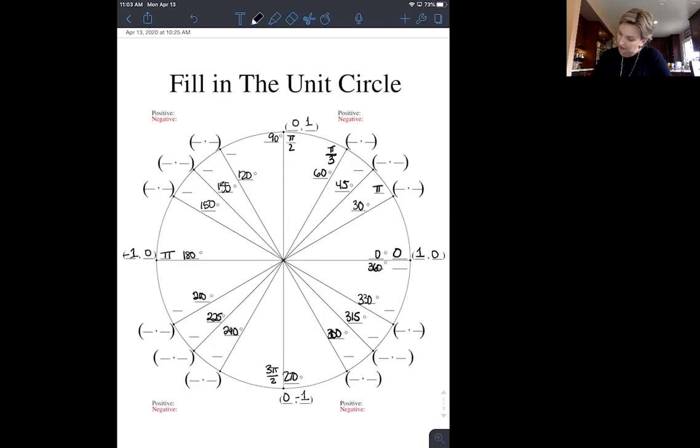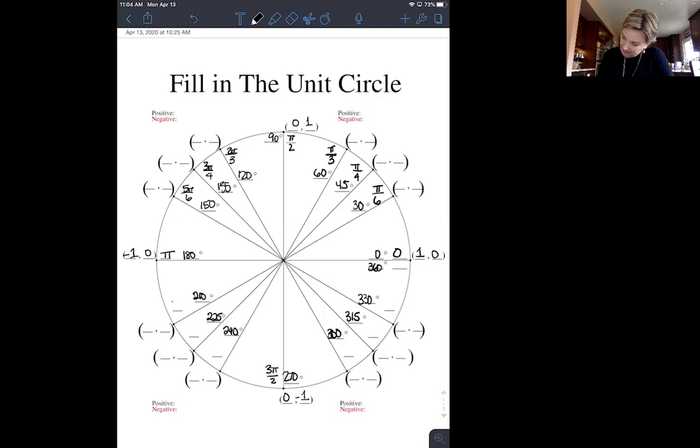So 30 degrees is pi over 6 in radians, and 45 degrees is pi over 4 in radians. And we can do that for the rest of this unit circle. 120 degrees, when you convert that to radians, is 2 pi over 3. 135 degrees is 3 pi over 4. 150 degrees reduces to 5 pi over 6. 210 degrees is 1 pi plus 30 degrees, right?